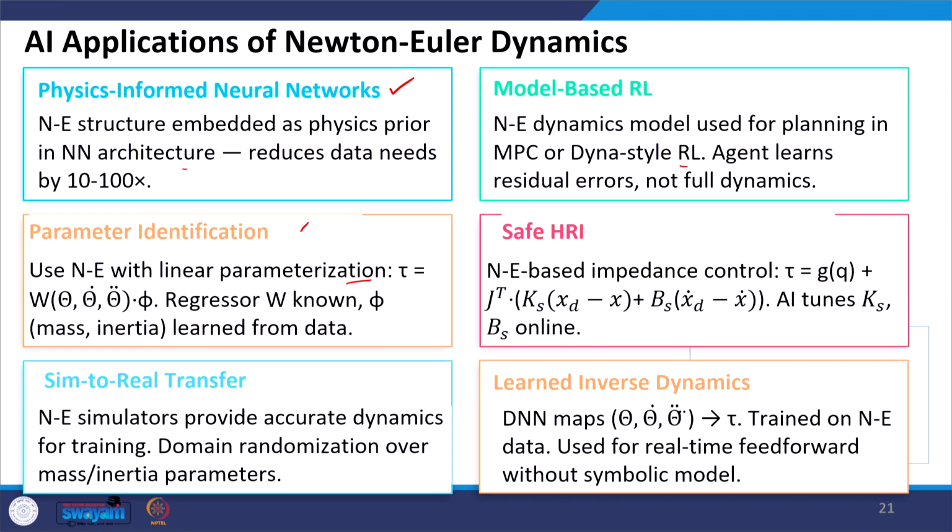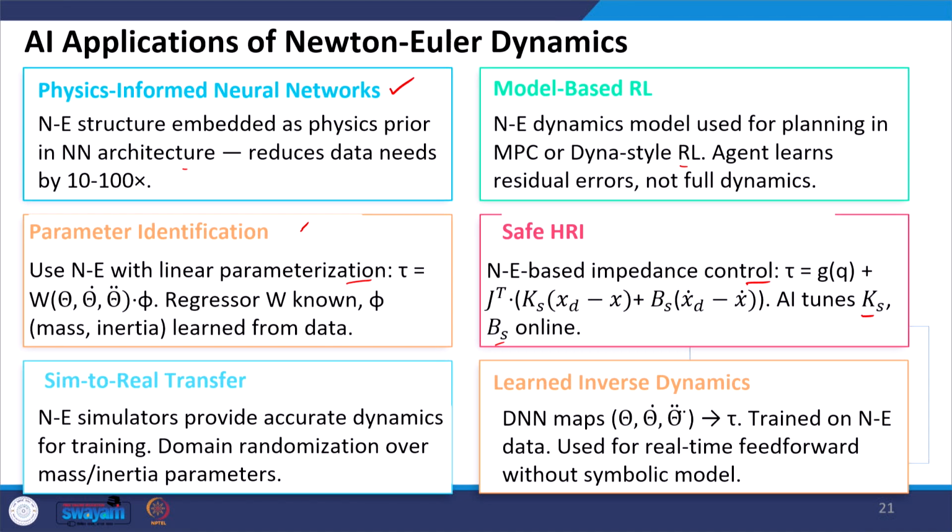We can have safe human robot interaction, that is Newton-Euler based impedance control. We can tune these parameters K and B online. We can have simulation to real transfer. The Newton-Euler simulator provides accurate dynamics for training, and domain randomization over mass or inertia parameters is possible.